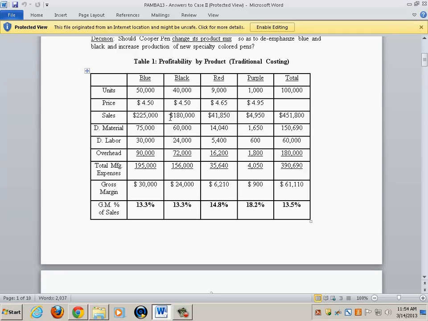It's important for us in cost management. We basically need decisions.